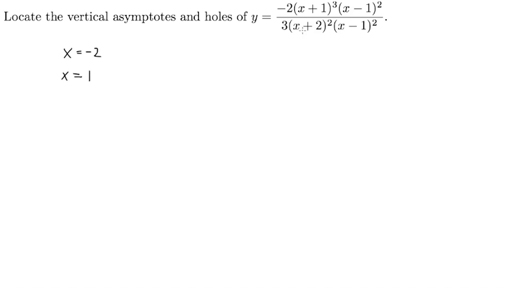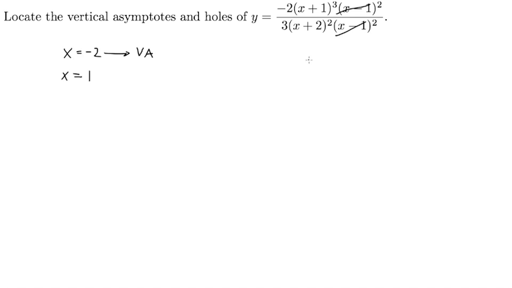Notice, x plus 2 gave us the x equals negative 2 zero. There are no x plus 2 terms in the numerator, so we know that this is going to give us a vertical asymptote. I'm going to use VA as a shorthand for vertical asymptote. x minus 1 gave us the x equals 1 zero. Notice we have an x minus 1 squared term in the bottom and an x minus 1 squared term in the top. So these are going to cancel. These are not going to give us a vertical asymptote.